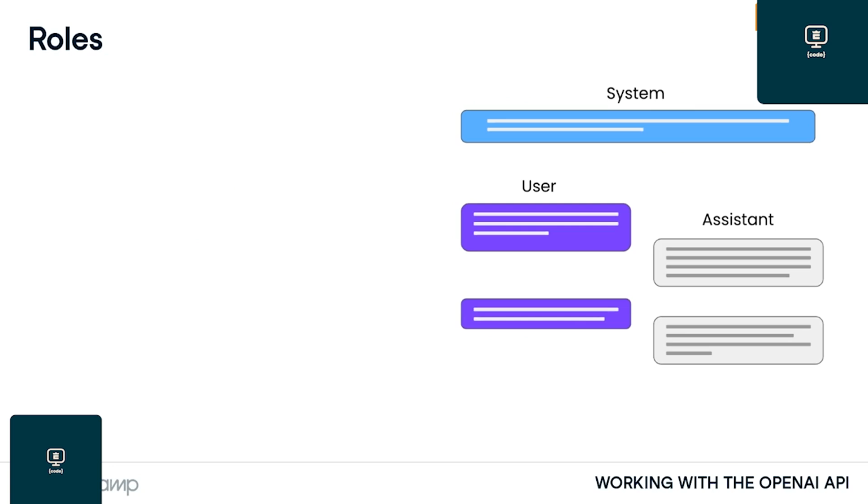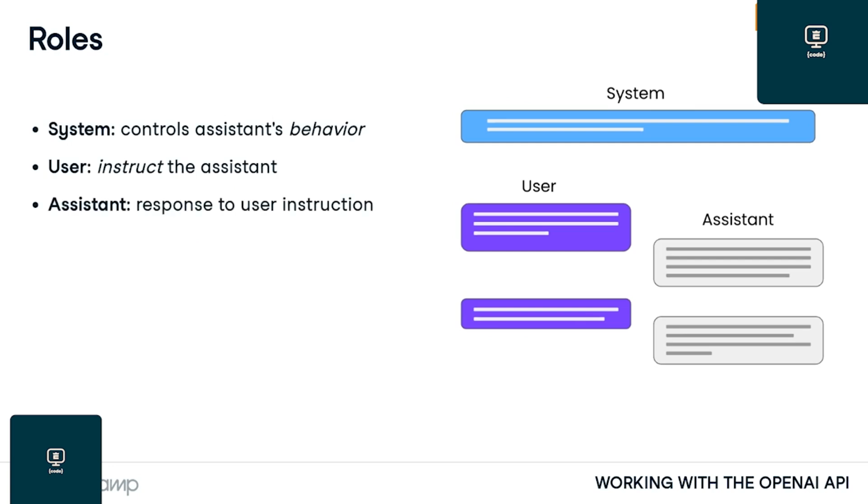Roles are at the heart of how chat models function. There are 3 roles: the system, the user, and the assistant. The system role allows the user to specify a message to control the behavior of the assistant. For example, for a customer service chatbot, we could provide a system message stating that the assistant is a polite and helpful customer service assistant.